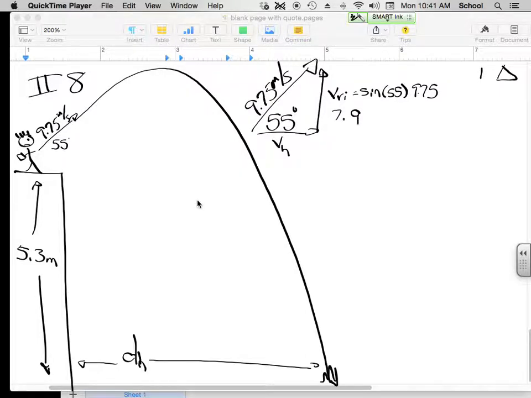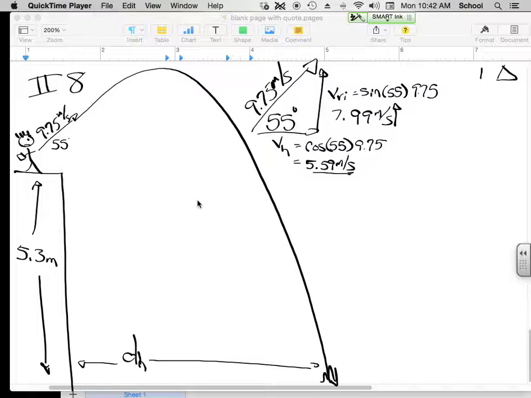And we get 7.99. And over here we're going to use cosine 55 times 9.75. And we're going to get 5.59. Make sure it's in degrees. Yeah, if your calculator's not in degrees, you're going to be very sad.